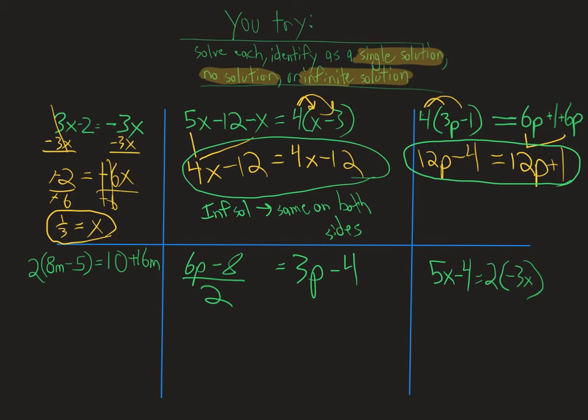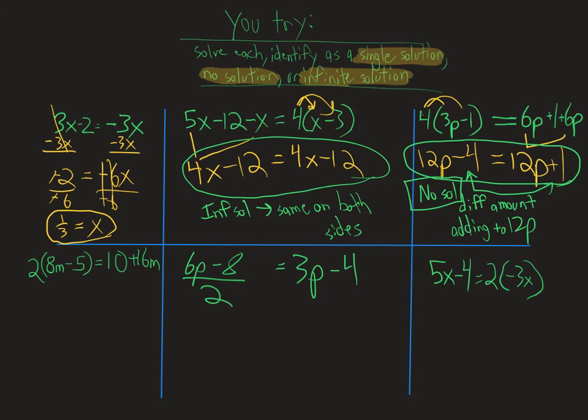So right there, that tells me that's a no solution because I've got different values, subtracting from 12p and adding to 12p. Therefore, there's no possible solution. Whatever 12p is for any p value you pick, you can't subtract 4 and also add 1 and have those numbers be equal. So we know that's a no solution.